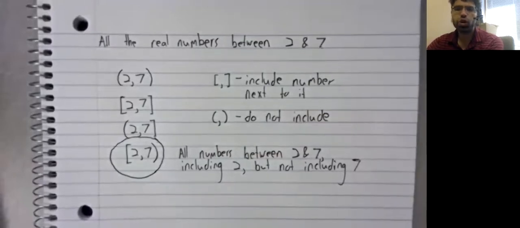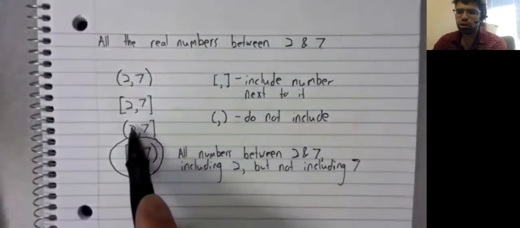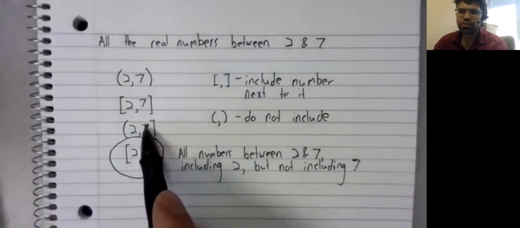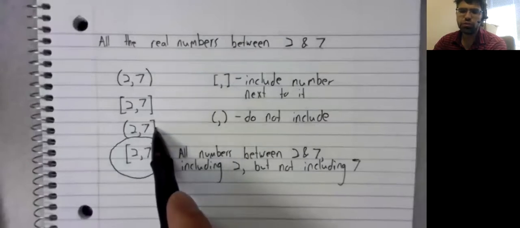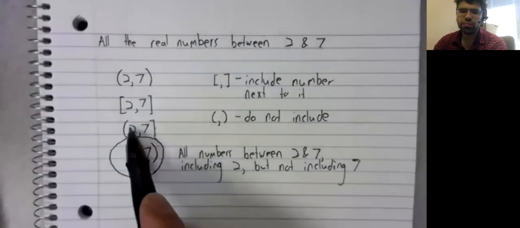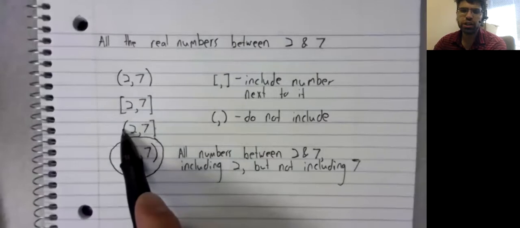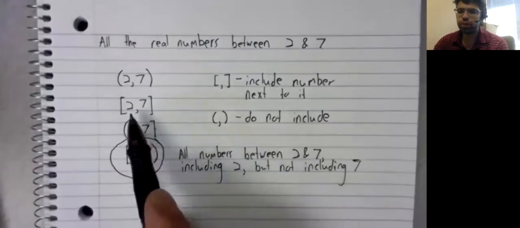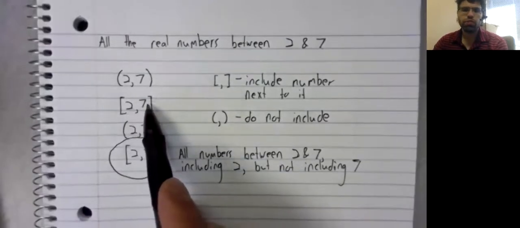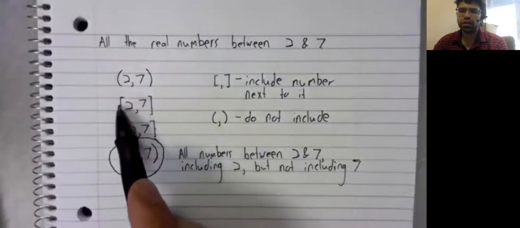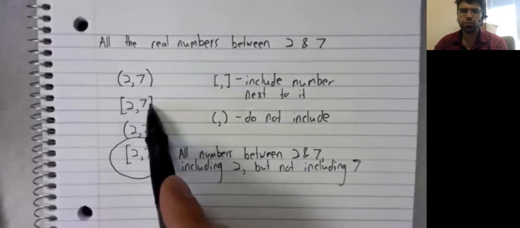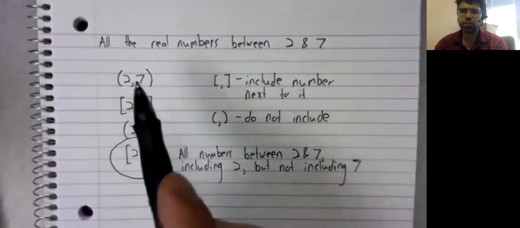And just verbally going through the rest, all the numbers between 2 and 7, including 7, but not including 2. All the numbers between 2 and 7, including 2 and including 7.